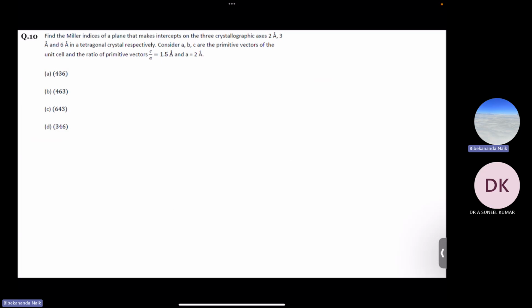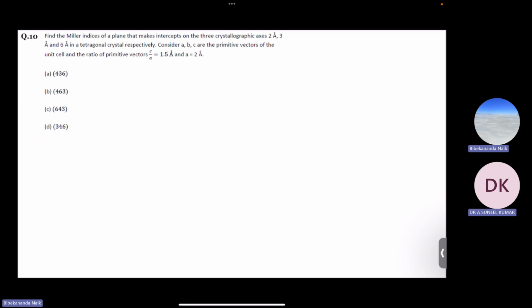So how did you calculate? So I took XYZ, sir, means ABC, A by X intersection, B by Y intersect, that is 3. Next, C by C, C means 6.